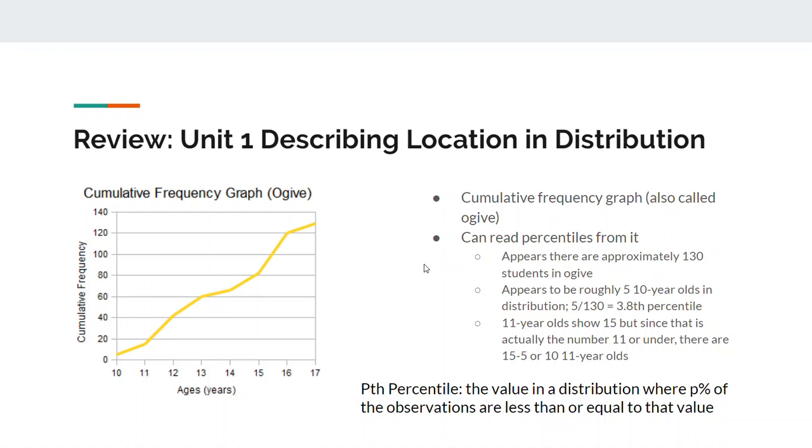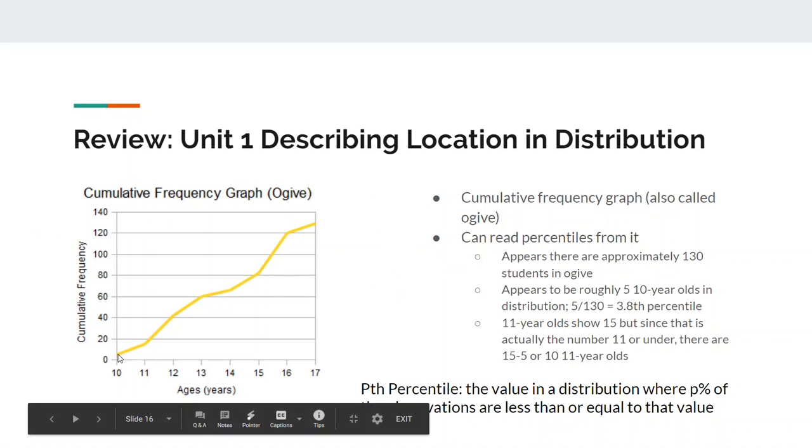Okay, so the next thing now, we can actually read this ogive. So for example, if I look right here at the far left, I see that 10-year-olds are my youngest people on this graph. And they represent roughly 5 people because that's about a quarter of the way up.